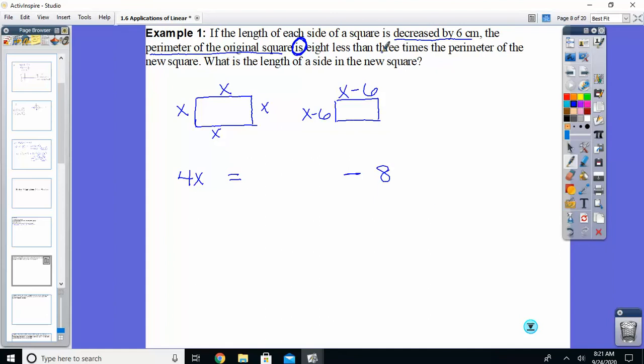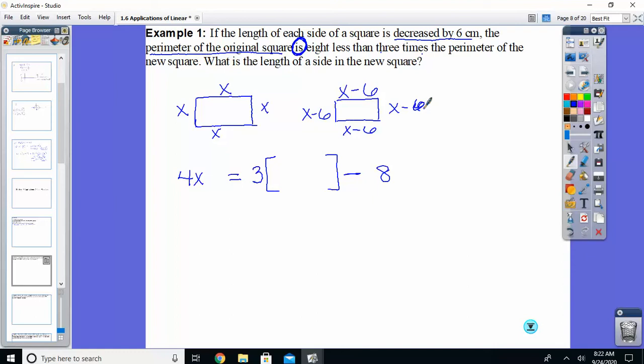3 times, oh, I've got 3 times the perimeter of the new square. Okay. So I need the perimeter of my new one right here. We have to add up all these sides. So we could either write x minus 6 plus x minus 6 plus x minus 6 plus x minus 6.